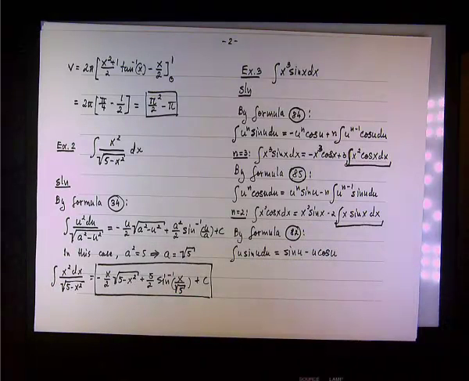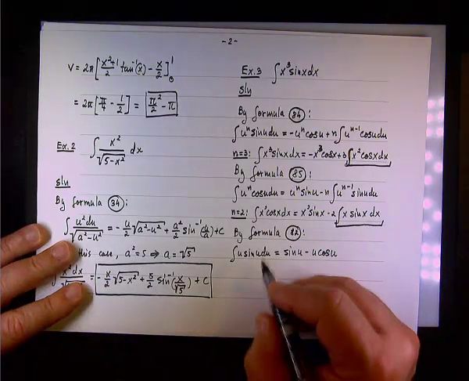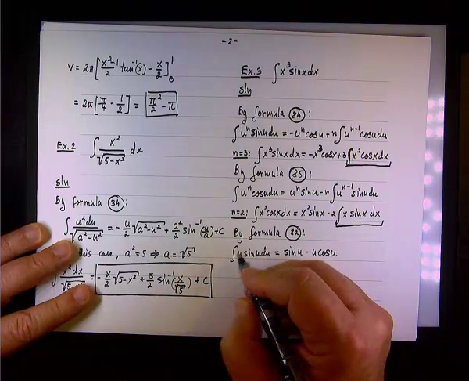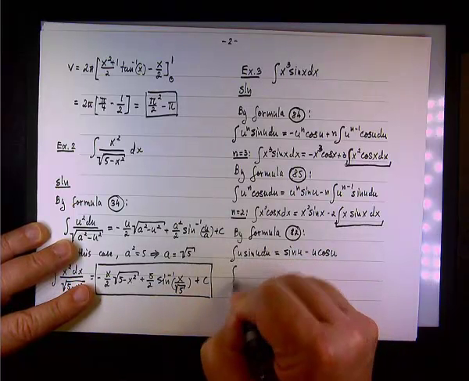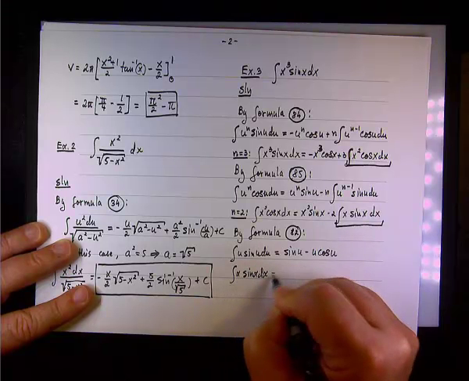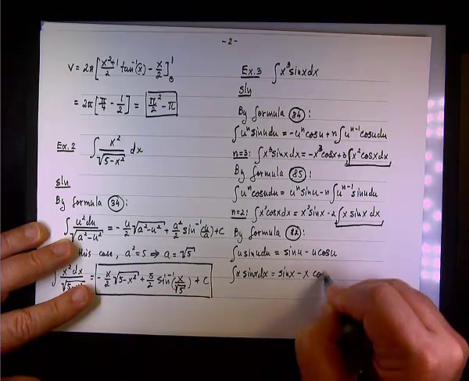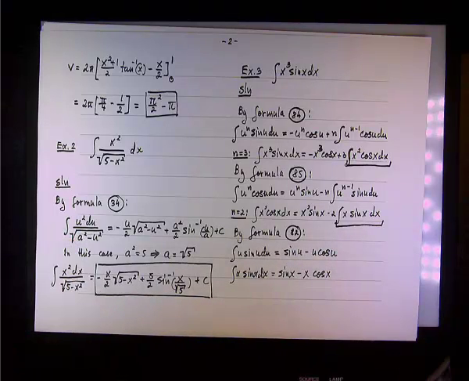This is what I was talking about when I said that we really know how to do each one of the 147 integrals. And this is something that is very obvious. So the integral of x sine x dx equals sine x minus x cosine x.